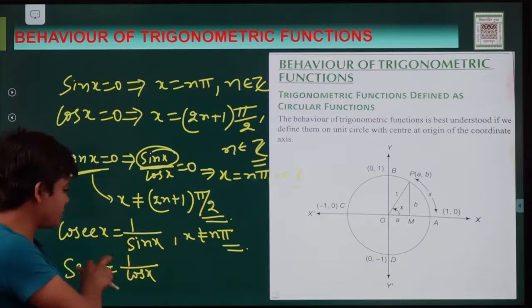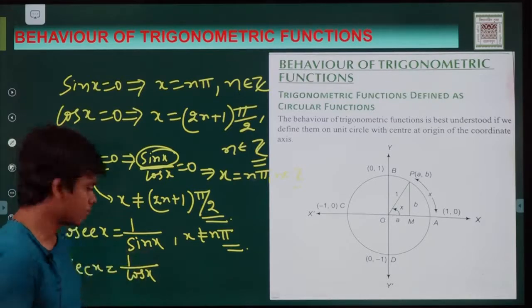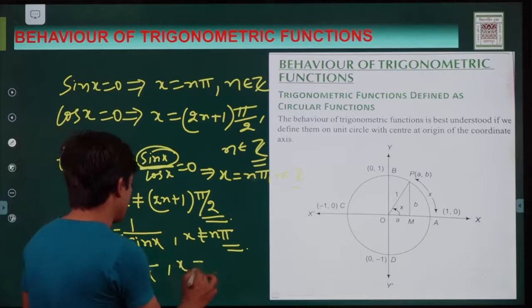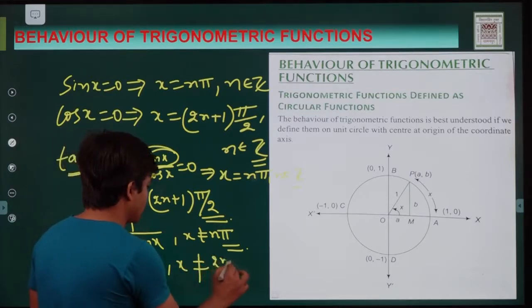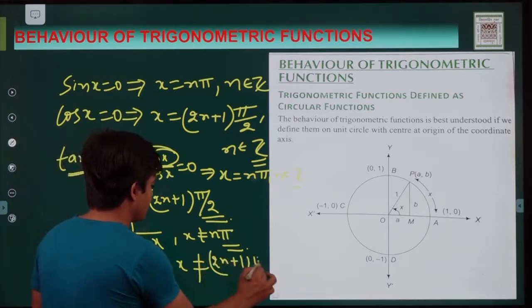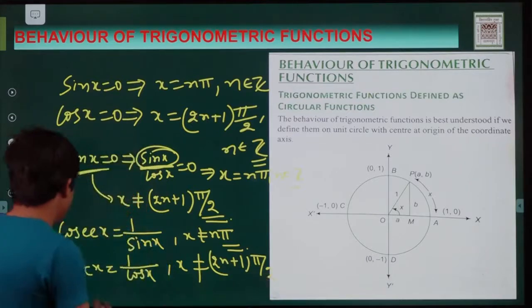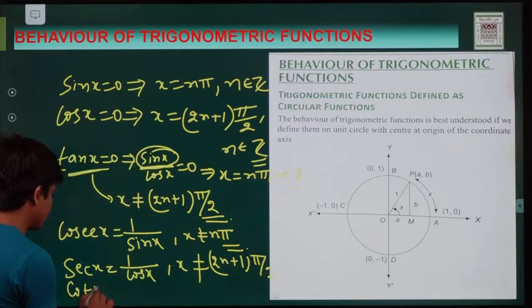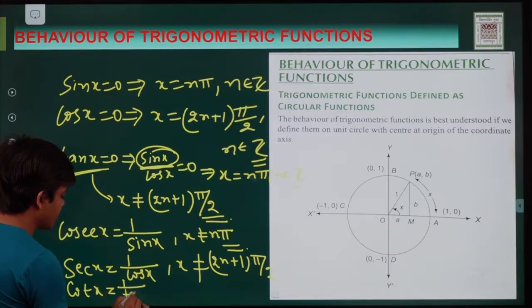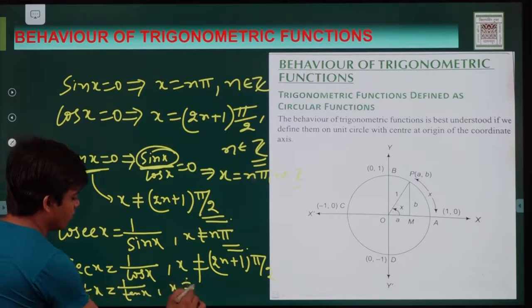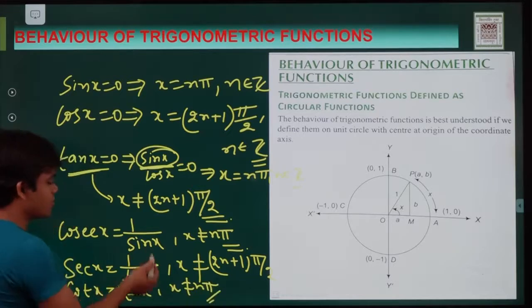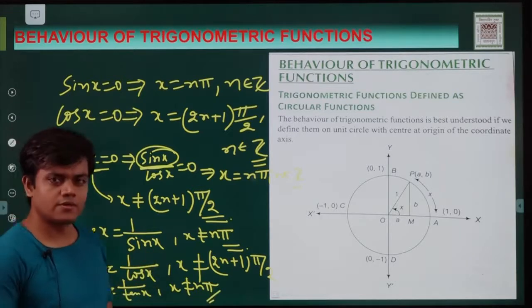But in this case, x will not be equal to (2n plus 1) into pi by 2. And similarly for cot x, cot x is 1 upon tan x. So again you will say x is not equal to n pi, because the denominator should not be equal to 0.